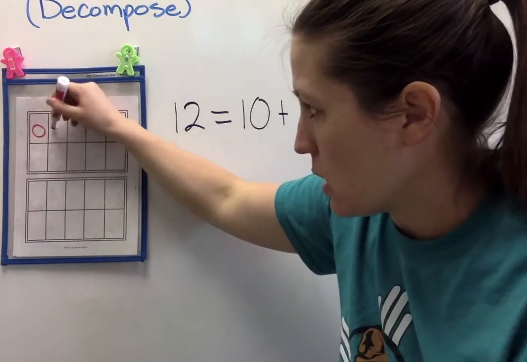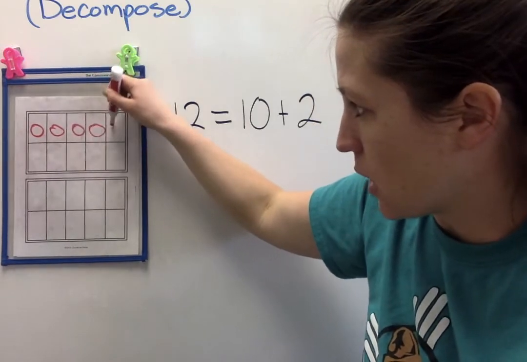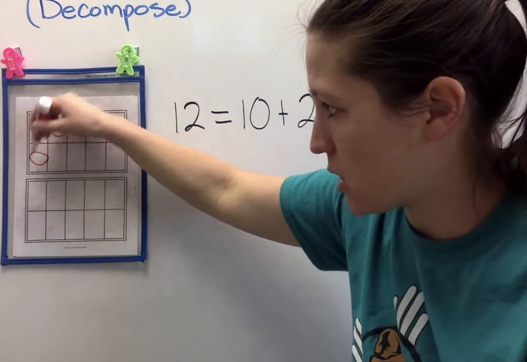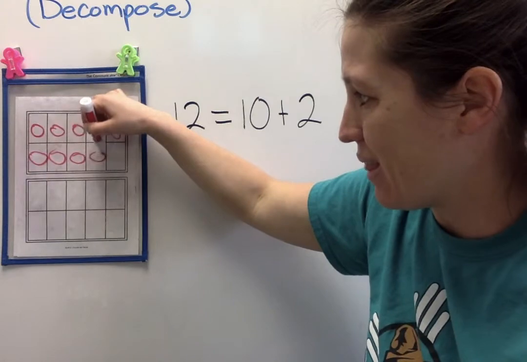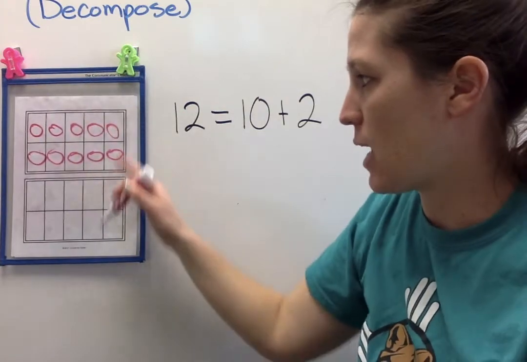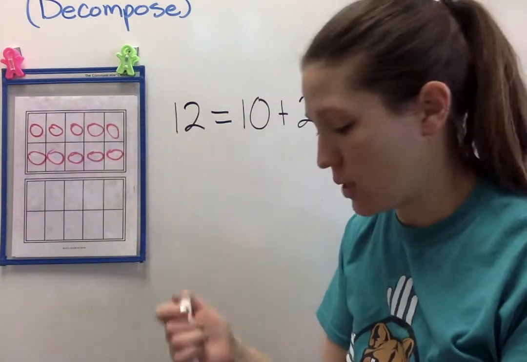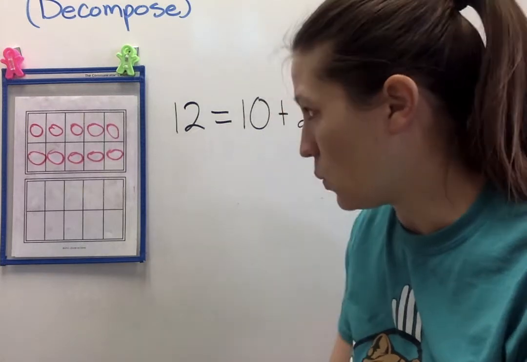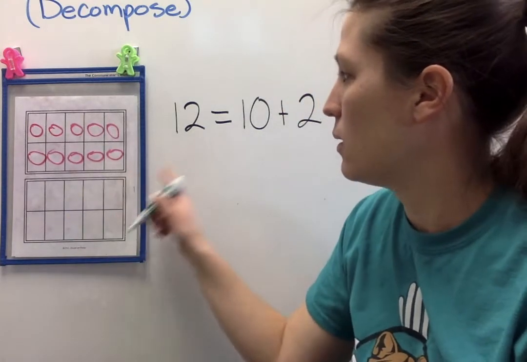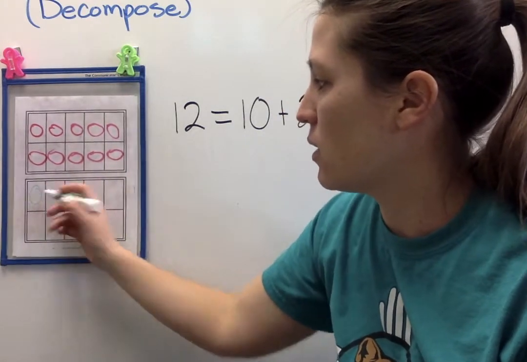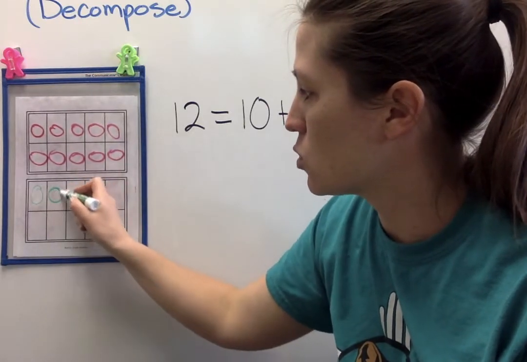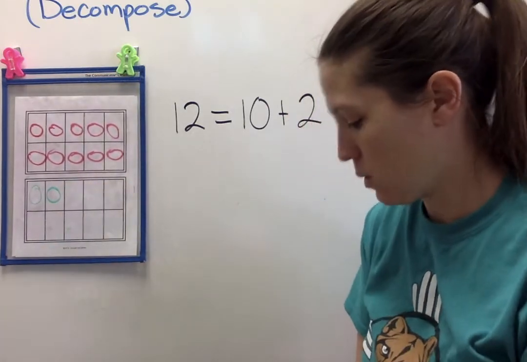So I don't really need to count all of these because I know a 10 frame has 10 windows, and if it's full, then there are 10 there. So there's 10, but I need to get to 12. So let's keep counting until we get to 12. So I've got 10, 11, 12, and I'm going to stop there.